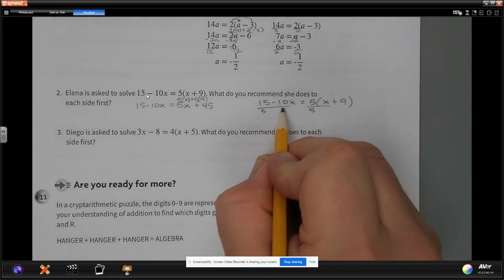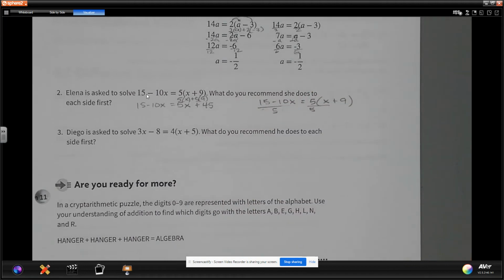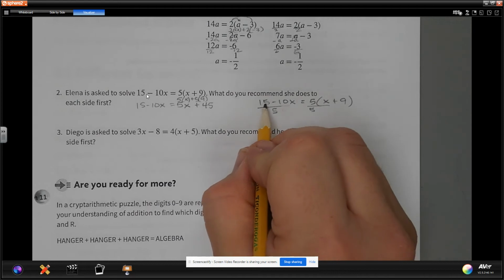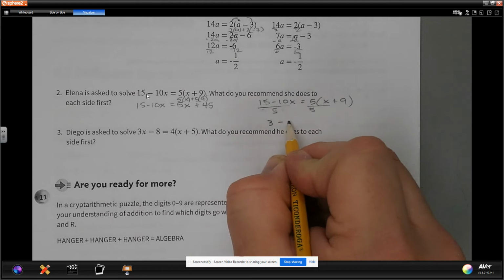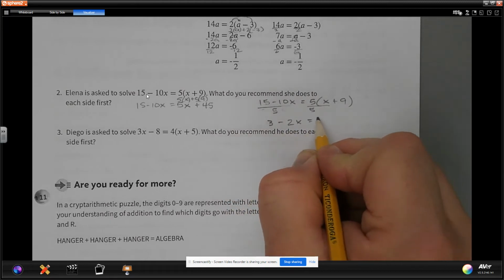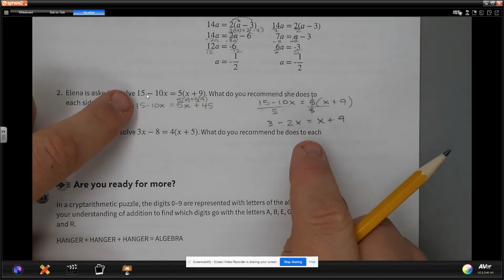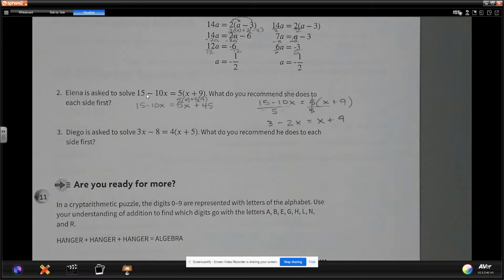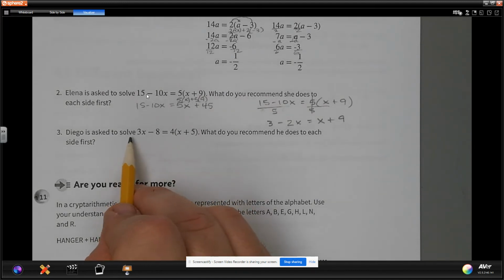Sometimes people write it like this, where they just put a 5. I find it helpful with a 5 under both of them, so I don't forget to do one of them. But either way, 15 divided by 5 is 3. Minus 10x divided by 5 is minus 2x, which is equal to x plus 9. We see that the 5 is eliminated because it becomes a 1. And we know that both of these equations are the exact same, and they will ultimately give us the exact same outcome.